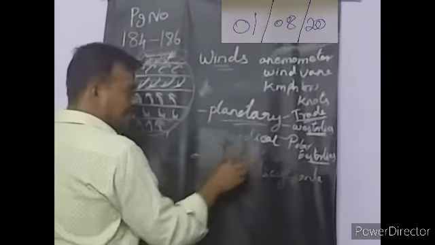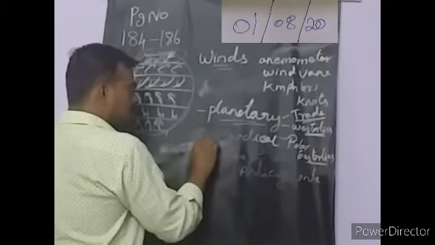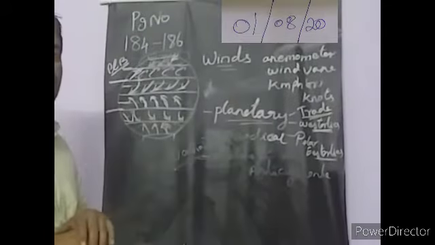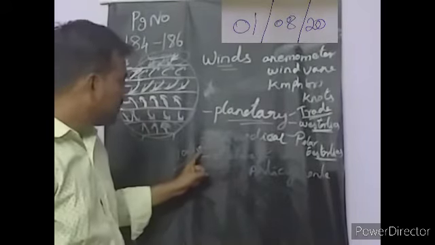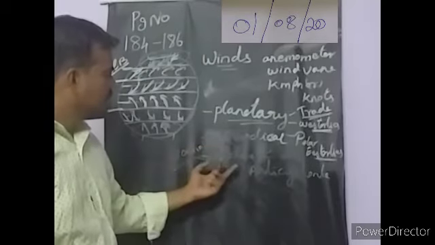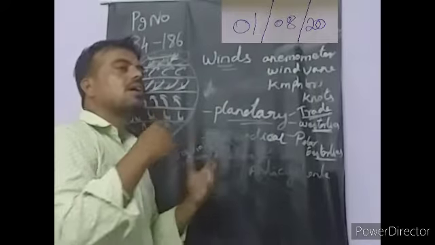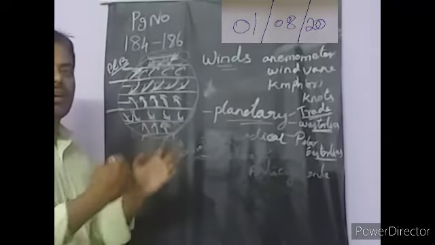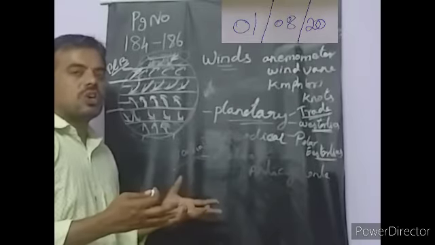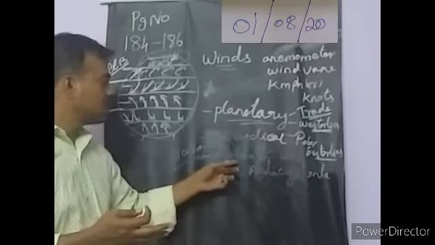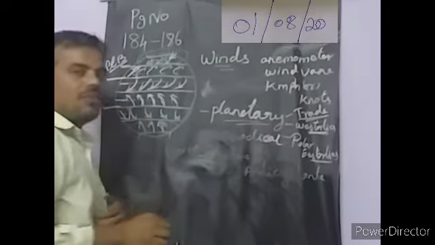These types come under variable wind. Variable wind actually does not have a fixed time, and we can't come up with a certain idea. Whenever and wherever it may be, it will be formed based on the climate and the temperature. So only cyclone and anticyclone are called variable winds.